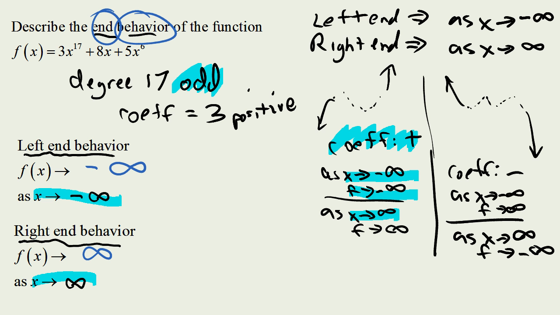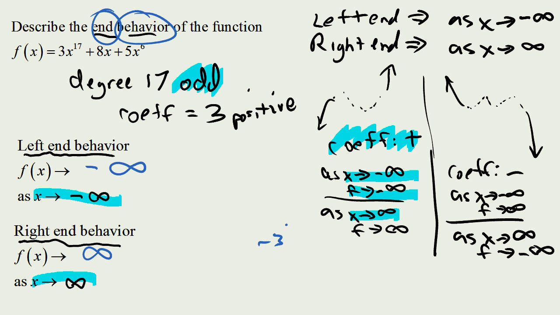As x gets very large, you take a very large positive number and raise it to the 17th power, it's going to dominate these other terms, and it's going to be very large. But if you take a negative number and raise it to the 17th power, you'll get a negative number out.